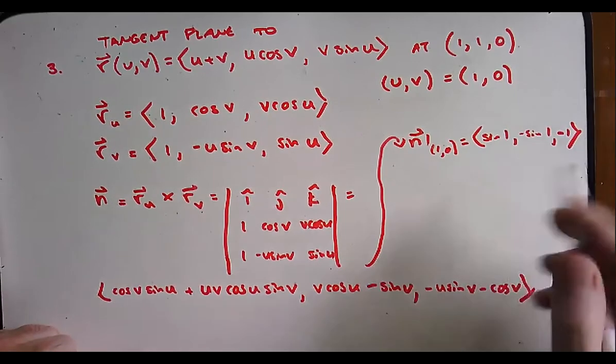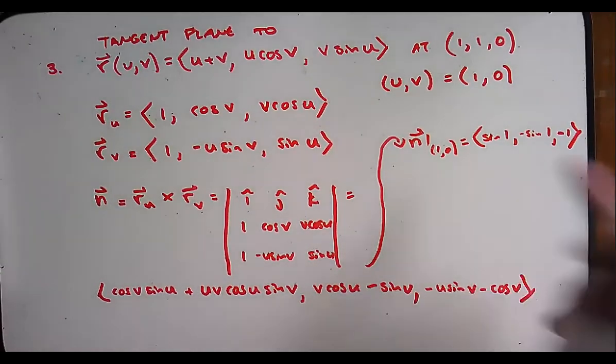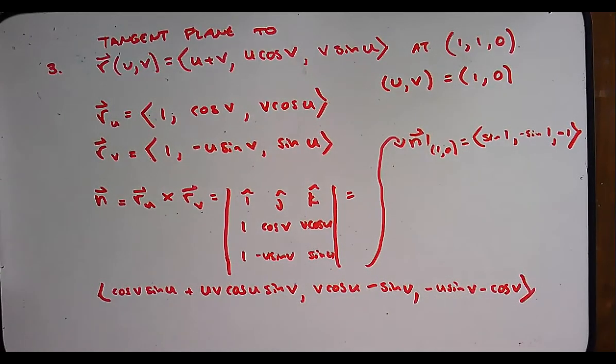So there's our normal vector evaluated at u equals 1, v equals 0: sine 1, comma, negative sine 1, comma, negative 1. So that's a normal vector valued at that point. And now to finish our plane, we'll use those same coefficients.